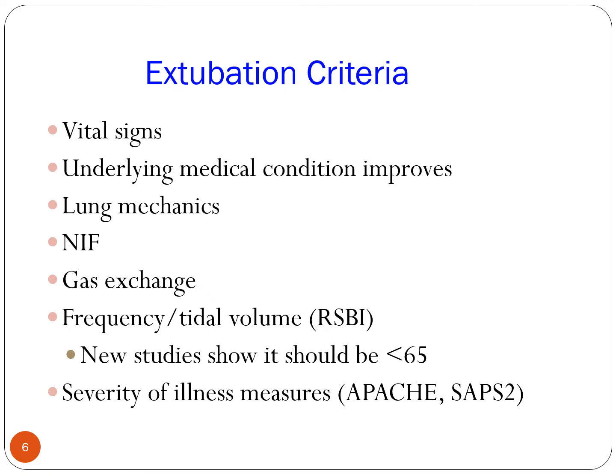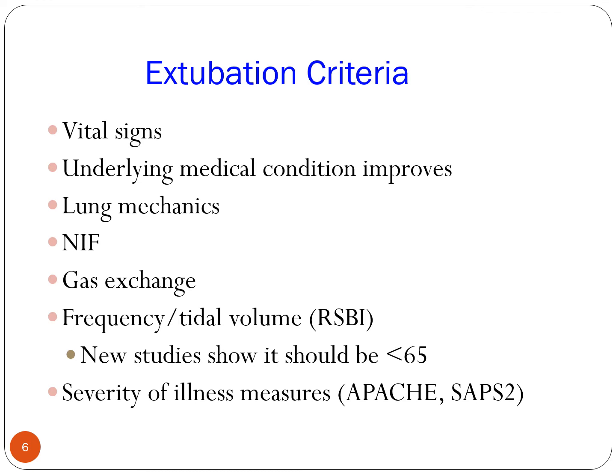Then you could commonly use what is known as the rapid shallow breathing index, which is basically an equation of frequency over tidal volume. From my experience, we used to look for an RSBI less than 105, but from the literature, many patients who had a good RSBI failed.